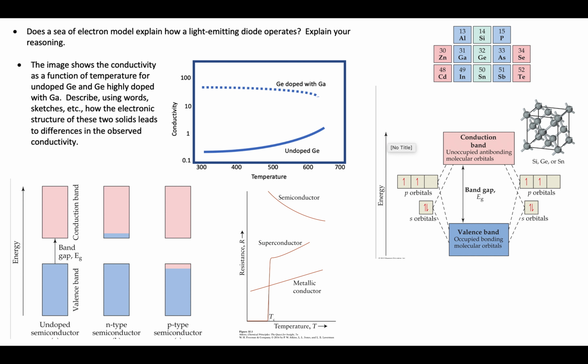And that's where we start when we're thinking about a semiconductor. If we're adding electrons and we have 4 valence electrons for that particular column, we find that we're populating the valence band, and there's a band gap between the valence band and the conduction band. That's shown here over on the left-hand side for an undoped semiconductor. That would be, in the data here, the undoped germanium.